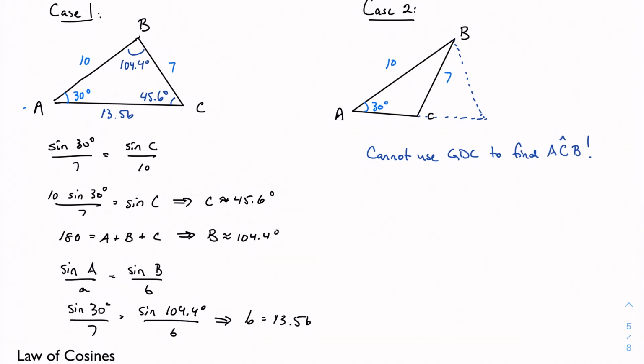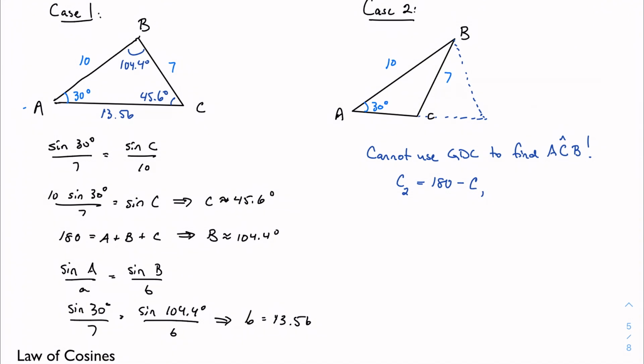then here's how this is going to work. All you need to know is that this new angle C, so I'll call it C2 for angle C in case 2, is just 180 minus angle C from case 1. This comes from the fact that if I actually draw the triangle out like this, where I put it inside my other case, my dotted line triangle is an isosceles triangle.